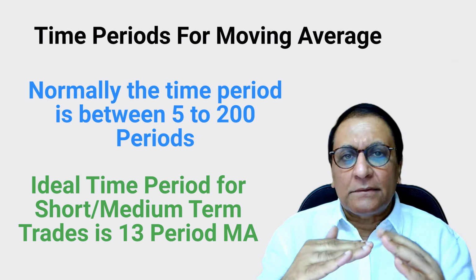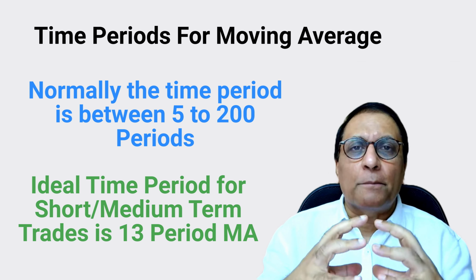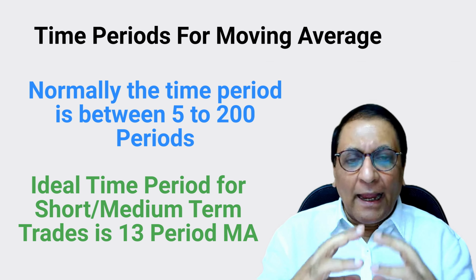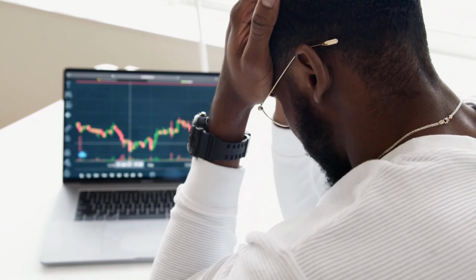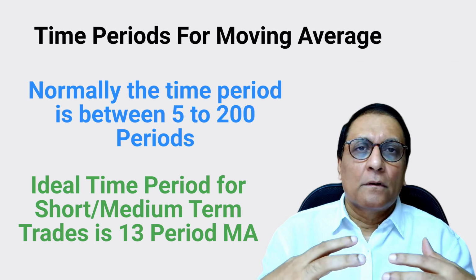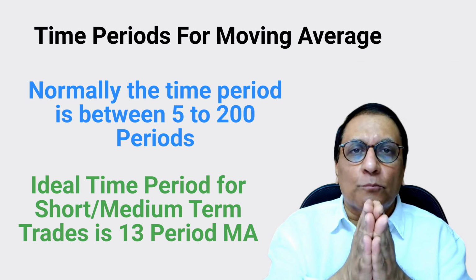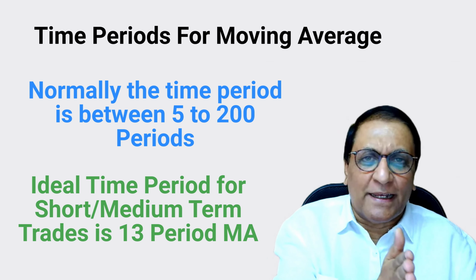The reason being that the moment you go to lower time frames, movements of the market become more random, and therefore whipsaws, which are erroneous signals from moving averages, will increase in number. Therefore, it is better to use moving averages on a minimum of hourly upwards: hourly, daily, weekly, and so on.